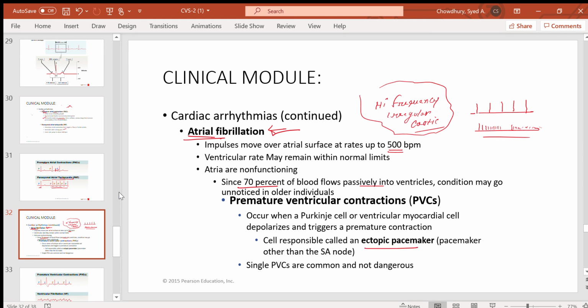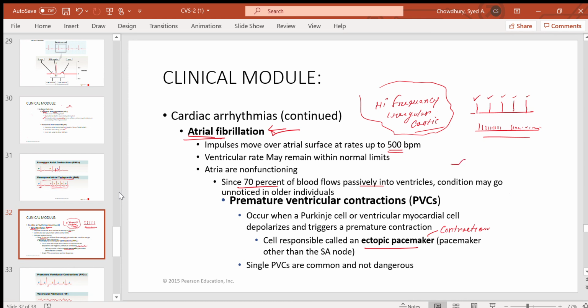Ectopic pacemaker or ectopic contraction. We use this term to indicate that your normal heart is beating, and if during the contraction of, for example, your ventricle, another weak contraction occurs.